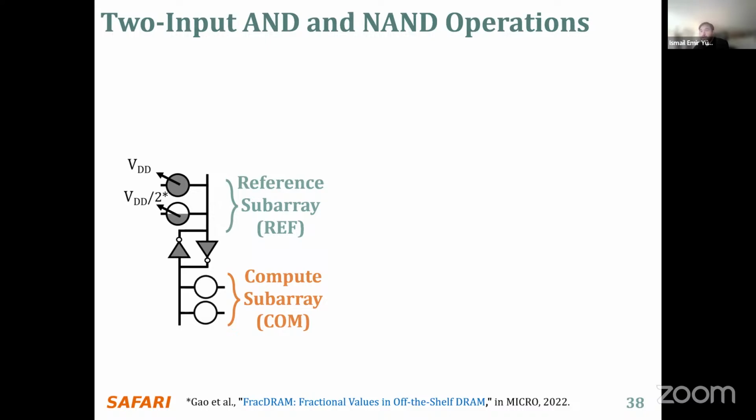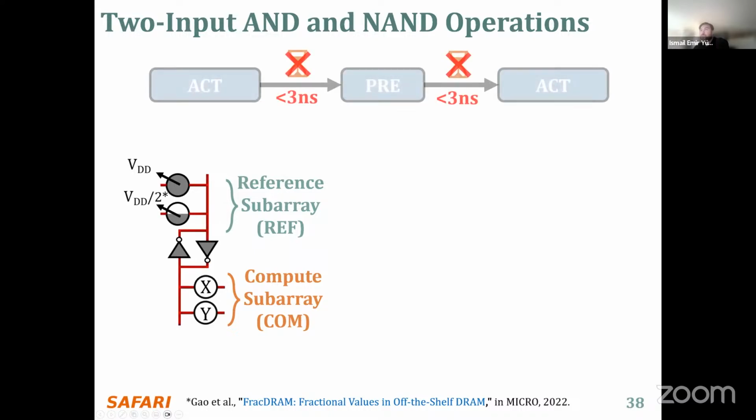VDD half is possible in off-the-shelf DRAM chips due to the FracDRAM paper that has shown that we can store these values in real DRAM chips. And in the compute subarray, assume we have X and Y in 2 rows.